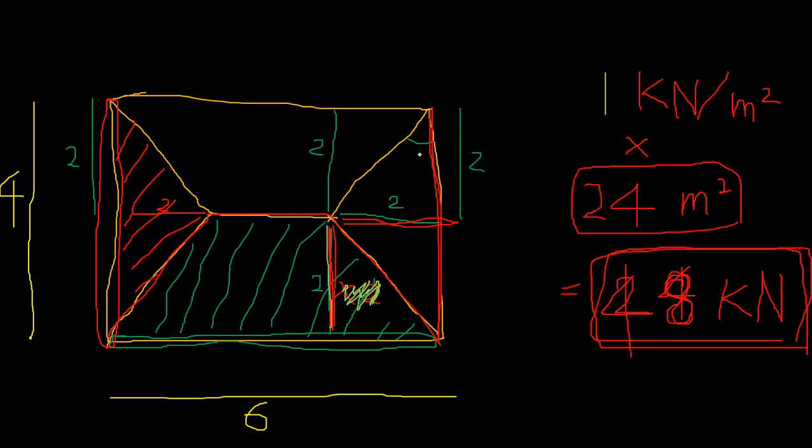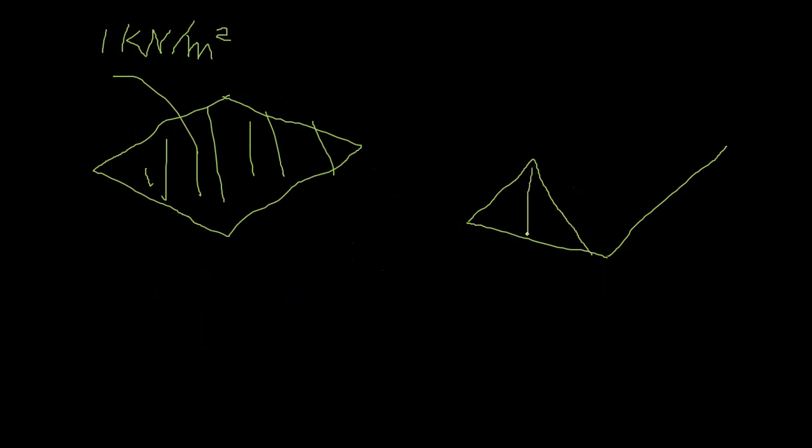If you apply 1 kilonewton per meter square to this slab, these are the loads that you have. On this beam, you have a trapezoidal UDL like this.